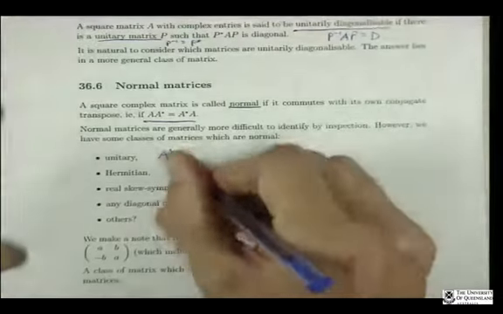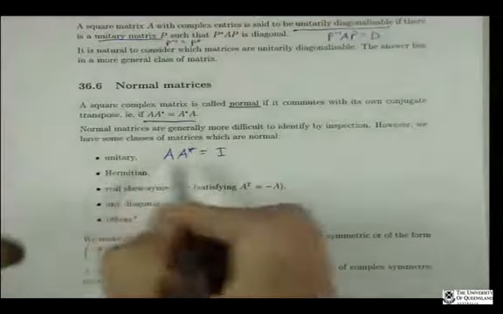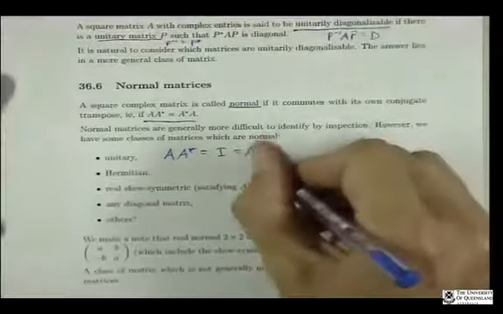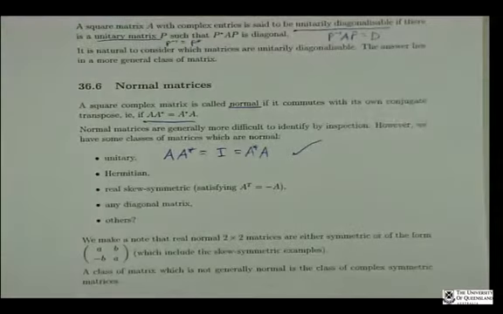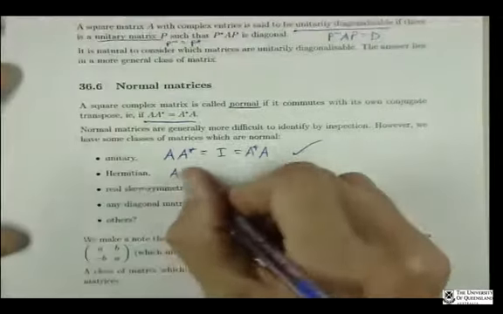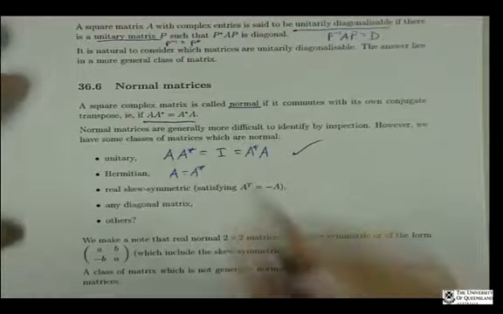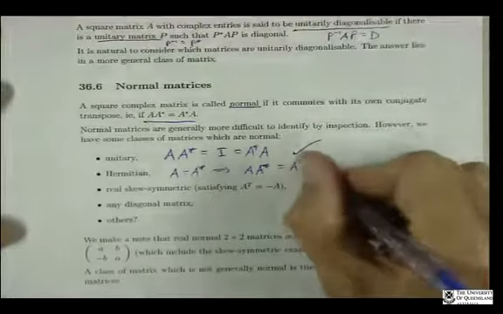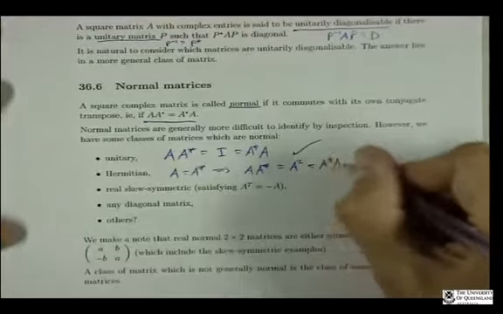The unitary ones, for example, are the ones where A times A star is the identity. The unitary matrices are the ones whose conjugate transpose equals their inverse, so it doesn't matter which order we take that. They fall into the set of normal matrices. The Hermitian matrices are the ones where the matrix A equals its own conjugate transpose, so A times A star is just equal to A squared, and it doesn't matter what order I take the product.